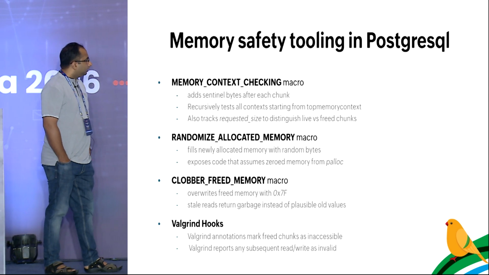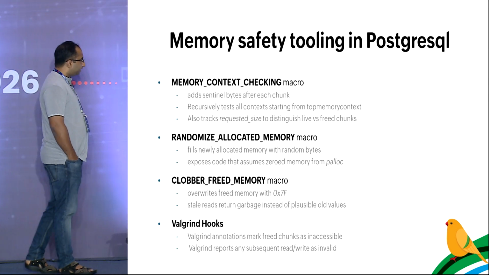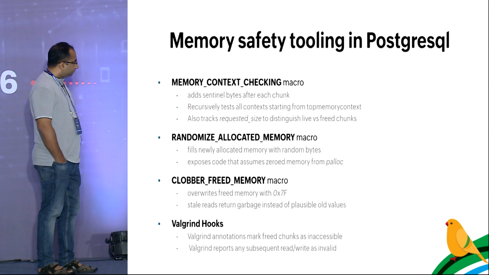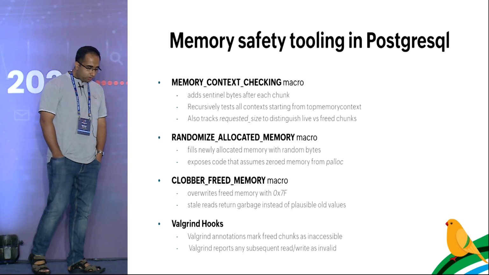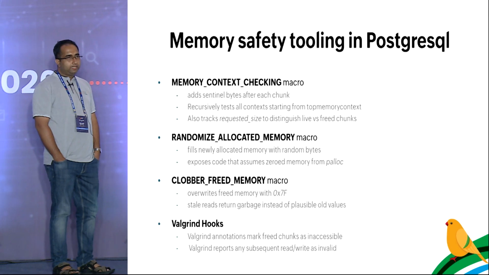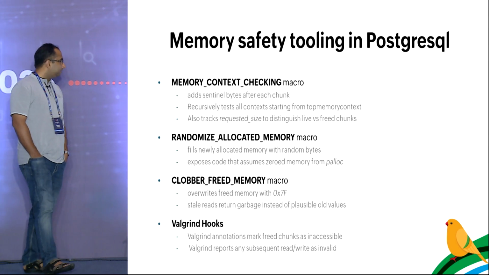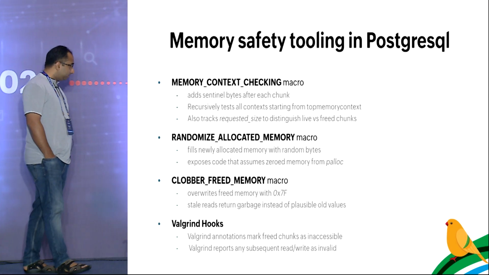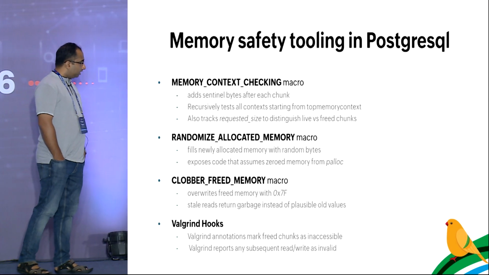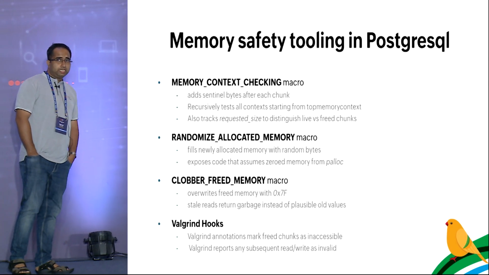Now, the randomized allocated memory macro. It fills your newly allocated memory with 0xAA. Basically it will set the bits to 1, and this leads to subsequent reads returning garbage values.